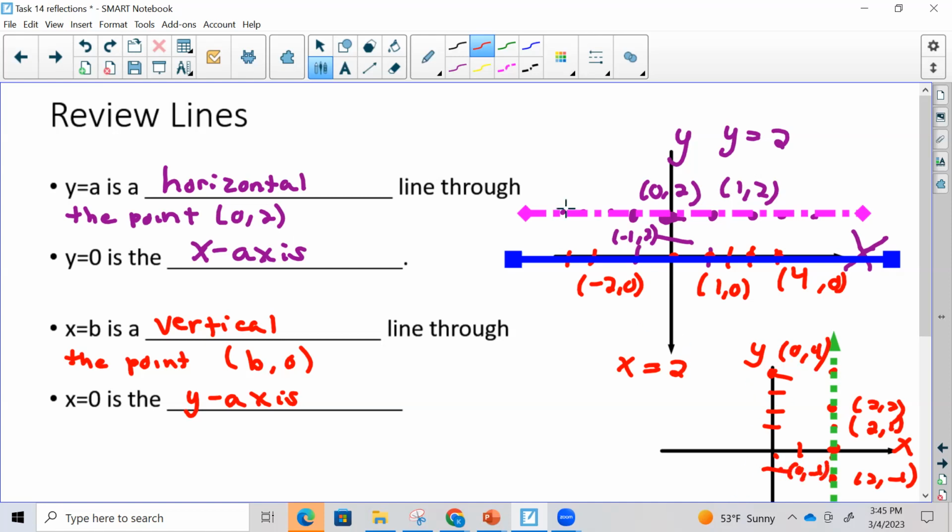Any point I pick on the y-axis, x is always 0. So x equals 0 represents the y-axis. It's backwards from what a lot of students think, so please make sure you remember. If it's y equals a number, it needs to cross the y-axis, and it's a horizontal line. And if it's x equals a number, then it needs to cross the x-axis, and it's a vertical line.